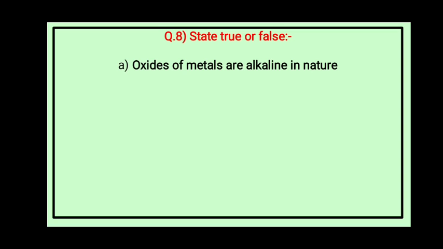What is the answer? The answer is true. Oxides of metals are basic in nature, that is alkaline in nature. And oxides of non-metals are acidic in nature. So you have to remember the difference. Any question could be asked. Oxides of metals are alkaline in nature and oxides of non-metals are acidic in nature.